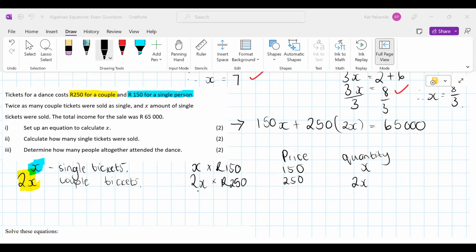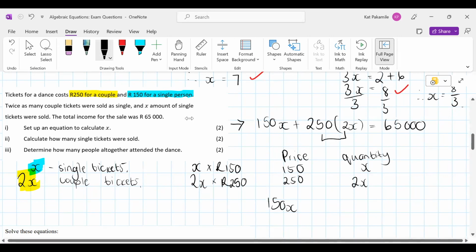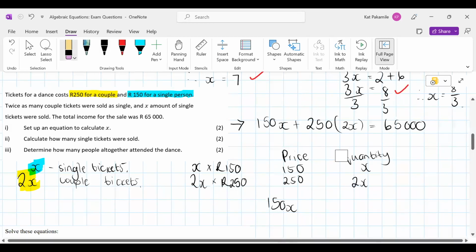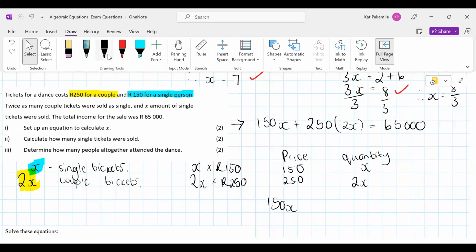Then we can just simplify. This is just 150x. I don't like this 250 and 2x. What's 250 times 2x? There we go, 500x. So 150x plus 500x is equal to 65,000. But these are like terms.